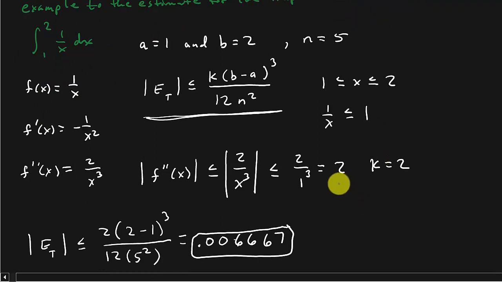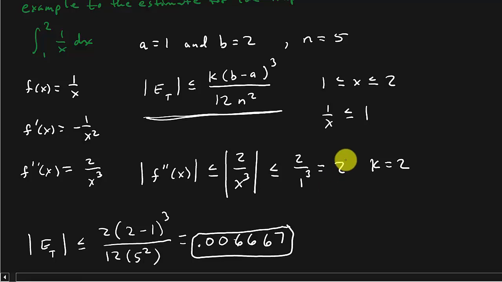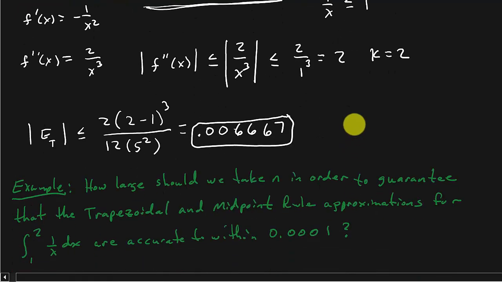You can use values larger, like I said 2, you could do 3, 4, 5. But the smaller you can get your K value, the better estimate you're going to get. So you want the largest, but you want the smallest largest, if that makes sense.